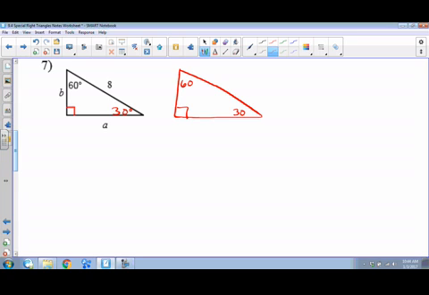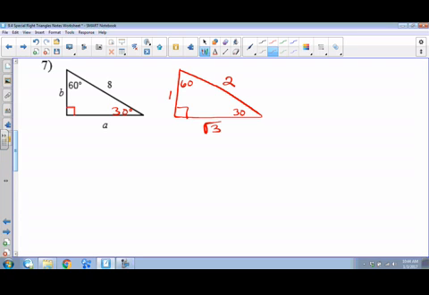Where does the 2 go in a basic 30, 60, 90? The hypotenuse. Where does the 1 go? Across from the 30 or 60? 30, the smallest one. Okay? And the last one is square root of 3.